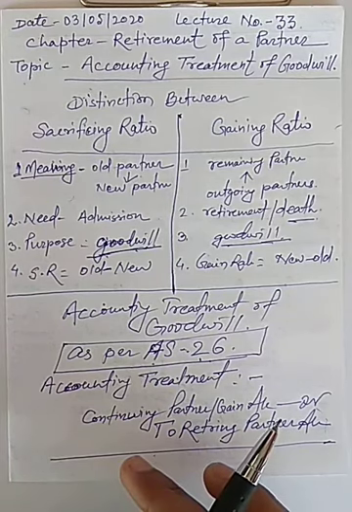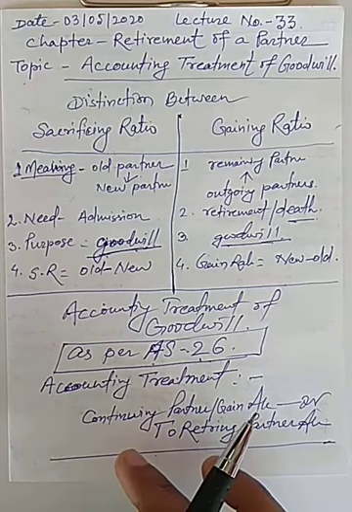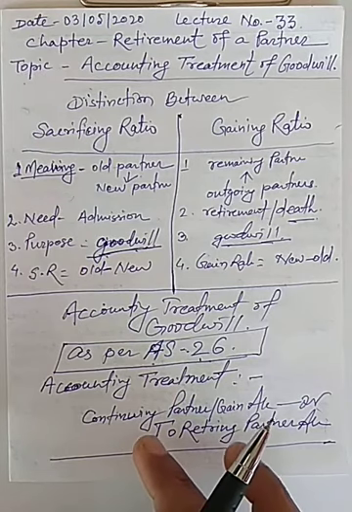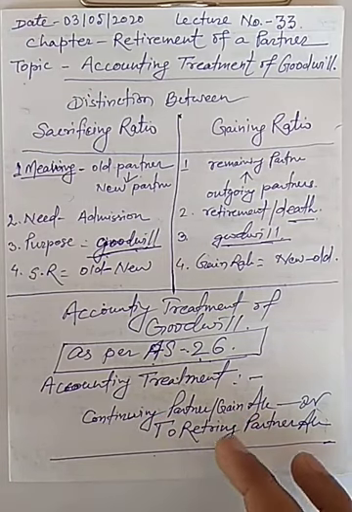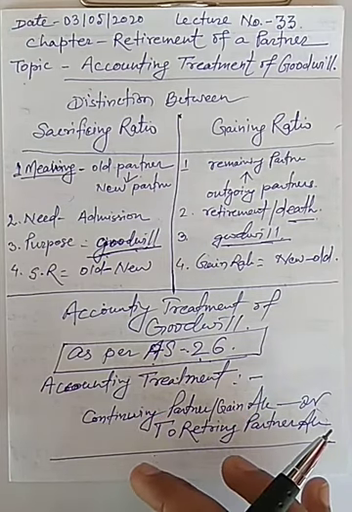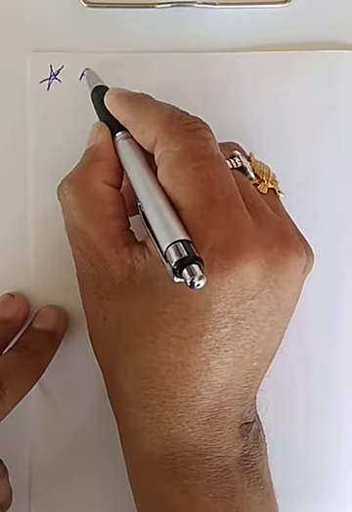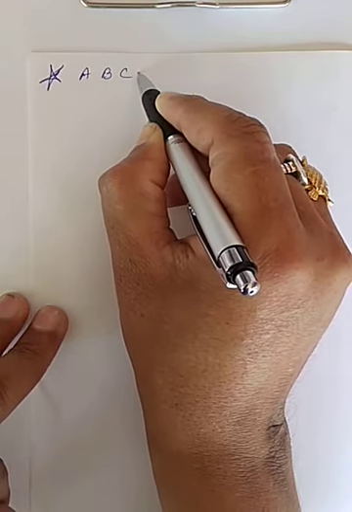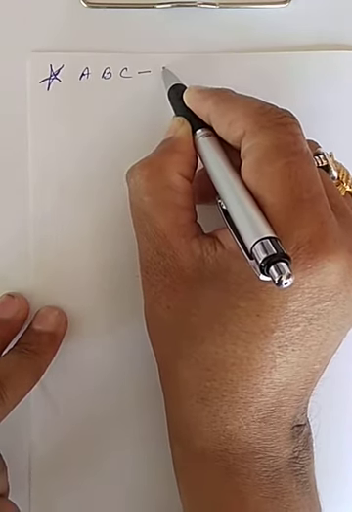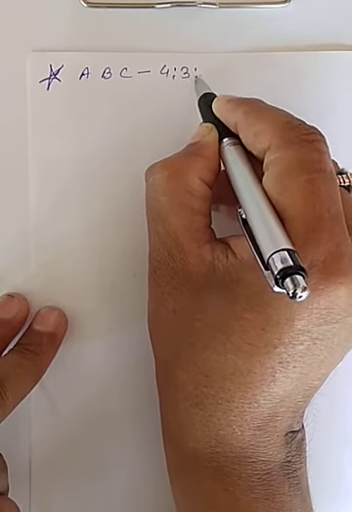So let us see some practical problems based on accounting treatment of goodwill. Suppose A, B and C are partners sharing profit in the ratio of 4:3:2.